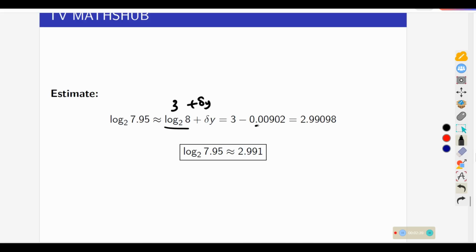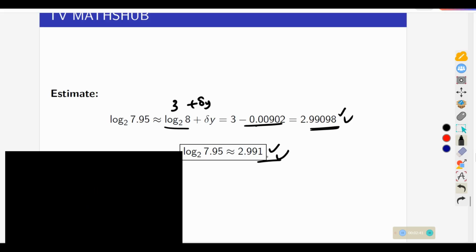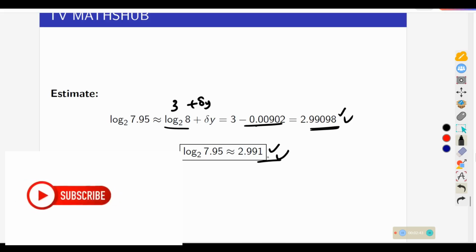So a small change in y, we have got that as negative 0.00902. So when you get 3 minus this, you'll be able to get the value of log 2 of 7.95. So that is how we use calculus of small changes to find such expressions.